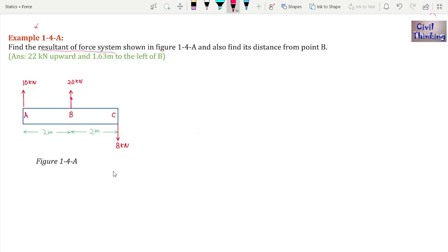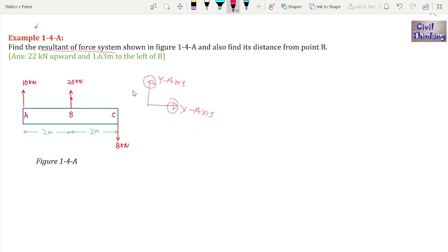Now if I assume the axes like this, let us say this is the x axis and this is the y axis. The x axis towards the right is positive, and the y axis upwards is positive. I am making the assumption like this.